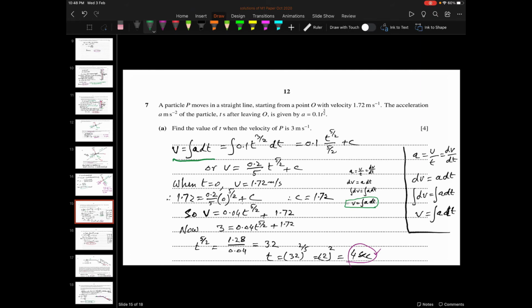But v is equal to 3. So 3 is equal to 0.04 multiplied by t to the power 5 over 2 plus 1.72. Here we get t is equal to 2 square, which is 4 seconds.